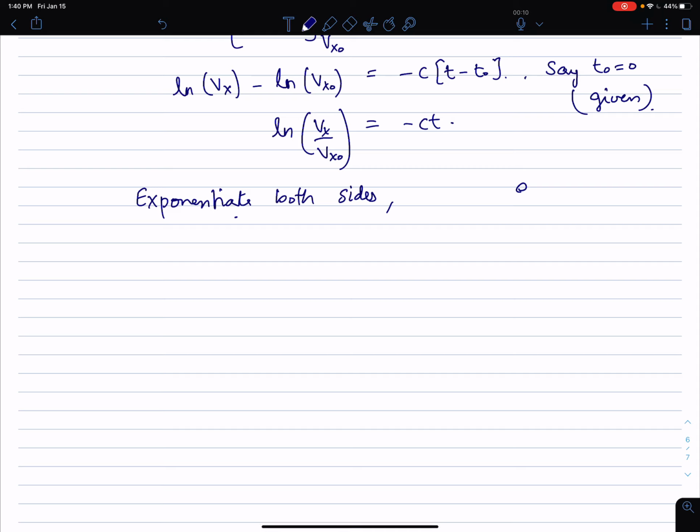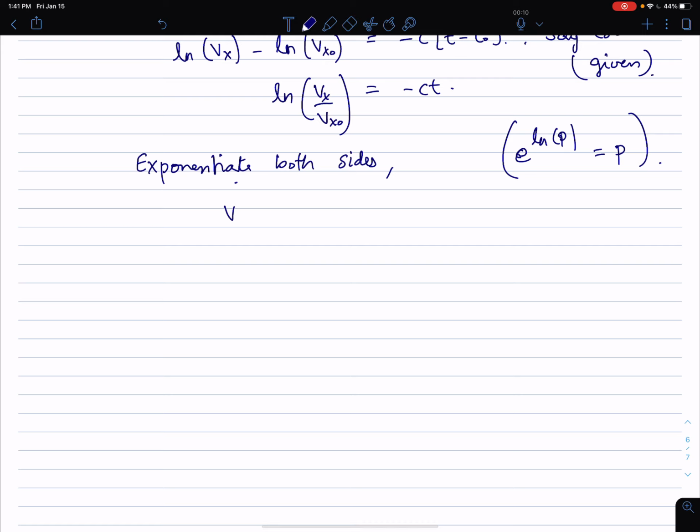And e to the power log of p equals p. So basically we have vx over vx naught, which is e to the power log of vx over vx naught, equals e to the power minus ct.